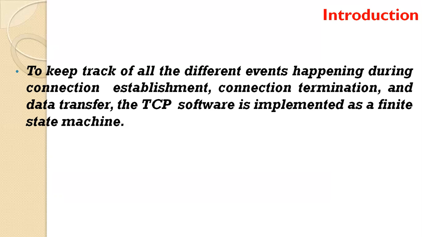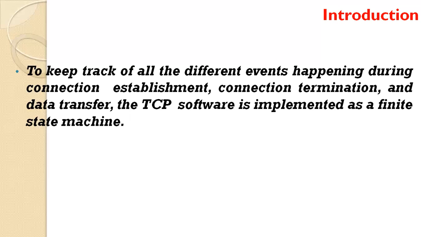So in this video, we mainly concentrate on the state transition diagram. The connection process, termination process, and data transfer between the TCPs are modeled as a state diagram, like the state transition diagram in digital electronics.